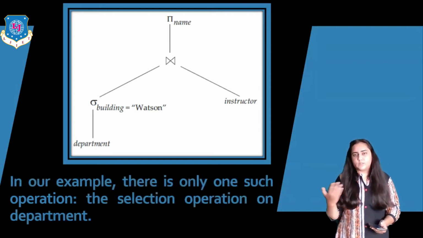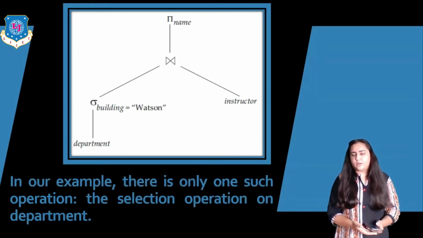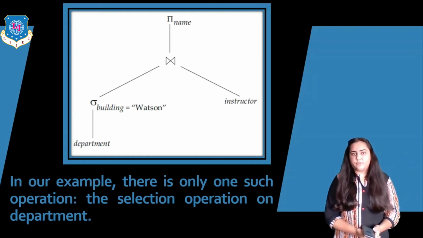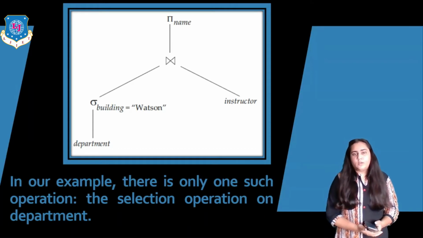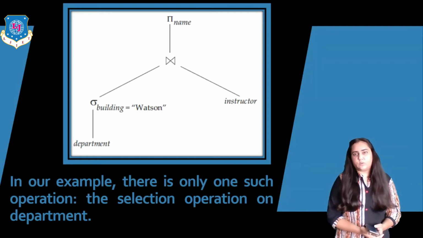So in this example, at the bottom we have only one expression. This is not always true. It depends on the type of query you have and the type of tree that is generated based on that query. In this case, we have only one relation, but there could be more. For now, because there's only one, which is the selection operation on department, we are going to go ahead with it.